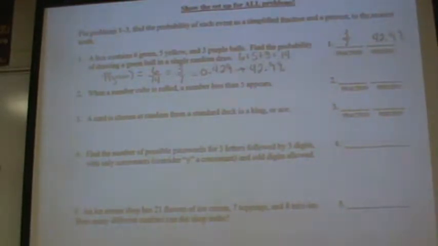Number 2, when a number cube is rolled, find the probability of rolling a number less than 5. So on a number cube, we have the numbers 1 through 6 as possibilities.